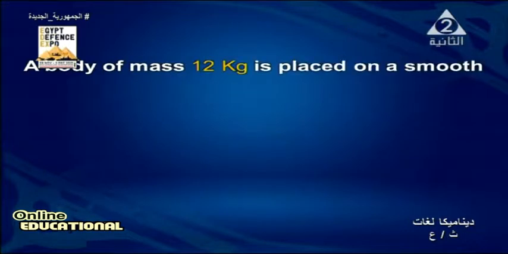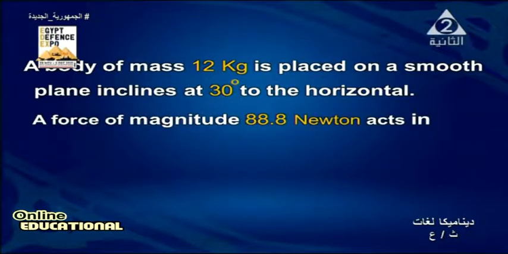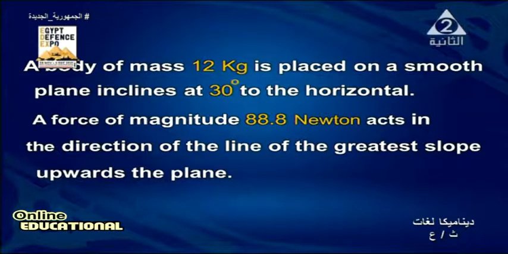Example. A body of mass 12 kg is placed on a smooth plane inclined at 30 degrees to the horizontal. A force of magnitude 88.8 Newton acts in the direction of the line of greatest slope upwards the plane.